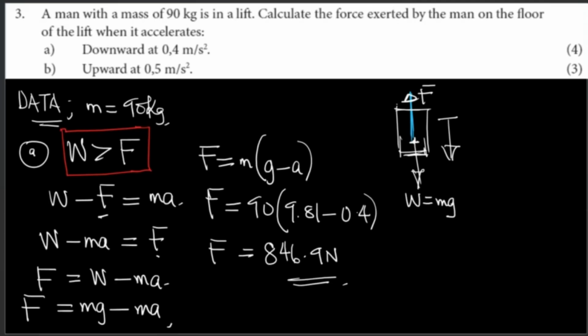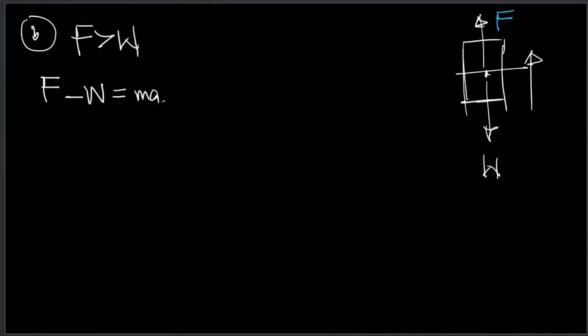Either way, we are going to be using 9.81 meters per second squared, whether it is upward or downward. You use 9.81 regardless of the direction. F minus mg equals ma. So with this one, the force exerted is going to be ma plus mg.